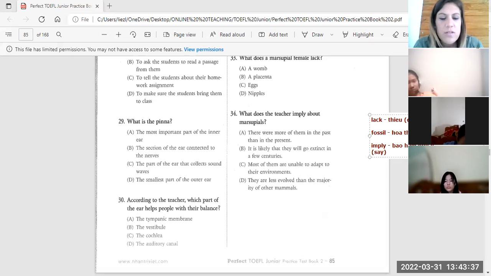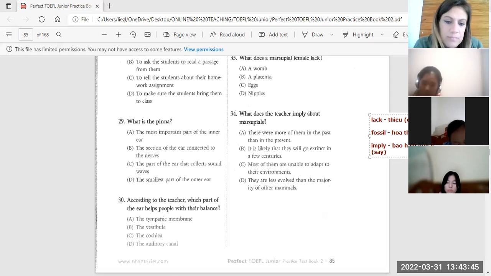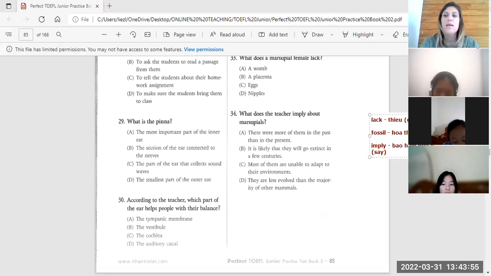Okay. So what do you think fossils are, Nee, now that you can see the Vietnamese name? You can't say it. It's the remains. It's when something is left, like the bones of an animal. It's the remains that they found of them.